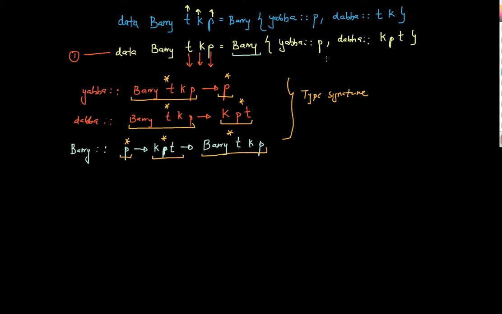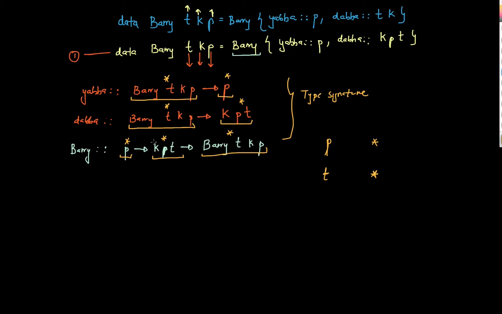Let's just put this down. The kind for p is going to be a star. That's already deducible from my type signature. For k, p, t, I can safely assume that the kind for t must be a star as well.